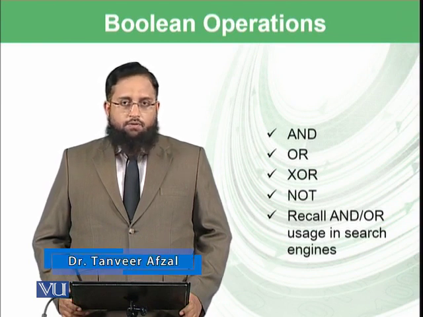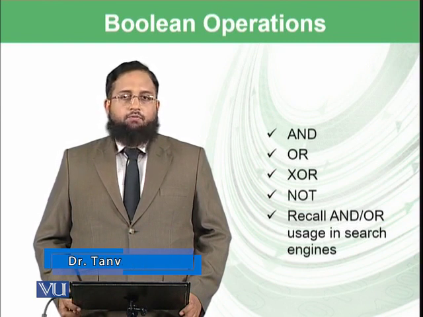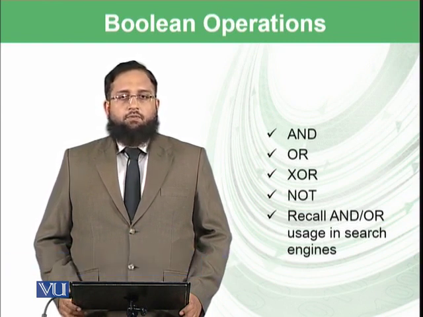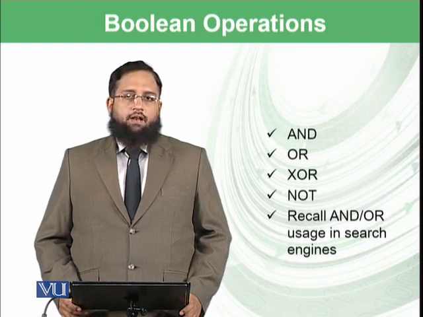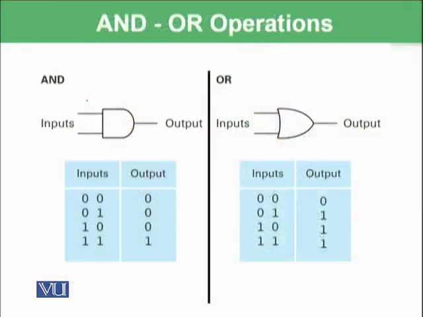So these are 4 basic operations, and you should recall from our previous module where we discussed search engine techniques using AND and OR, and we will be revising in the next slides as well. So in the AND Boolean operation, we have 2 inputs, for example 0, 0.